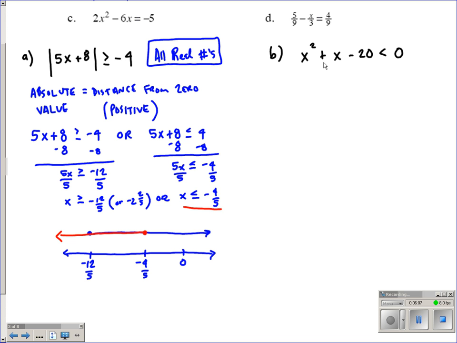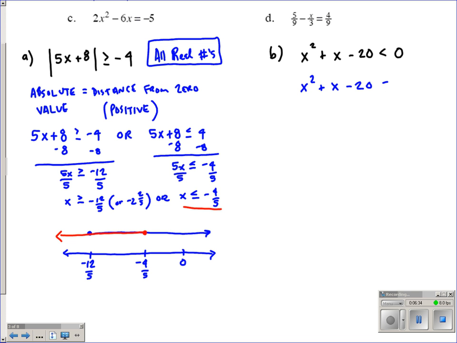We have x squared plus x minus 20 equals 0. So, I'm sorry, is less than 0. So we're thinking about all our values of x that are going to give us a value of this expression that is less than 0. I want you to think about it in this respect.